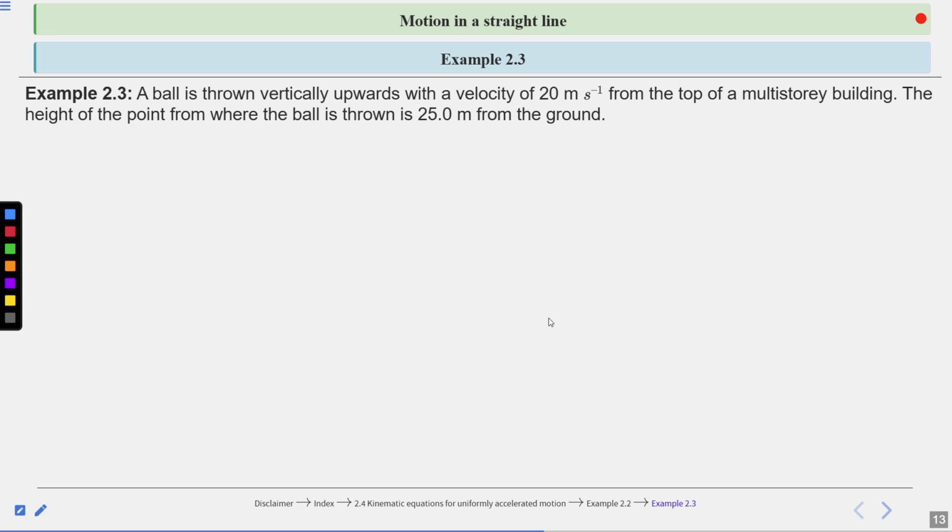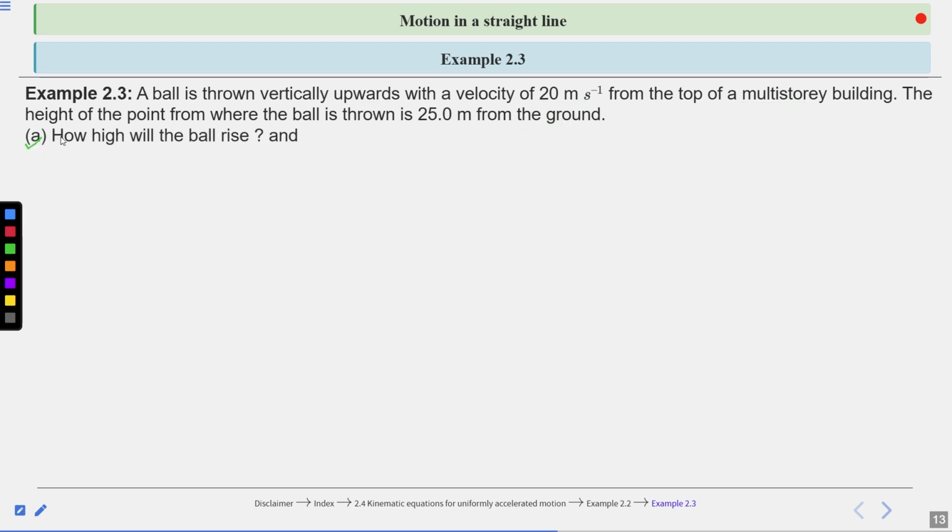Example 2.3. A ball is thrown vertically upwards with a velocity of 20 meter per second from the top of a multi-story building. The height of the point from where the ball is thrown is 25.0 meter from the ground.